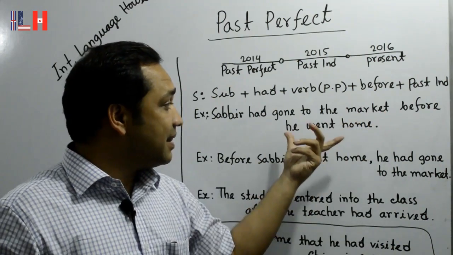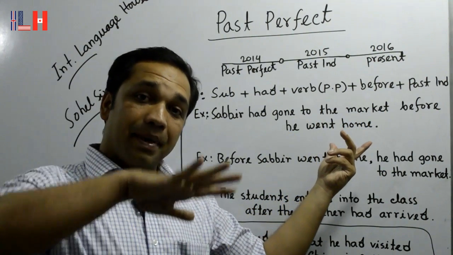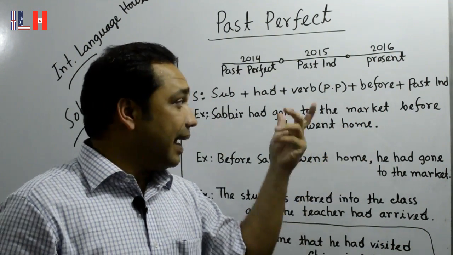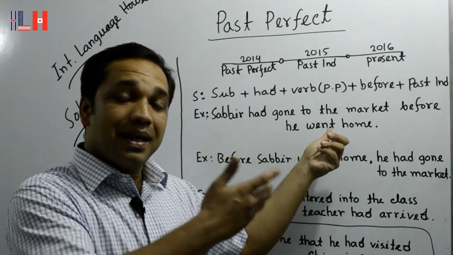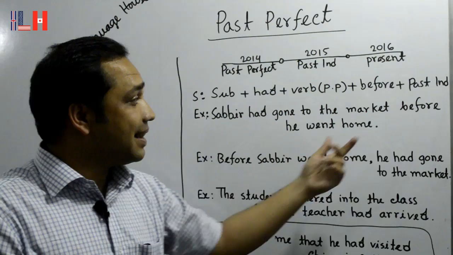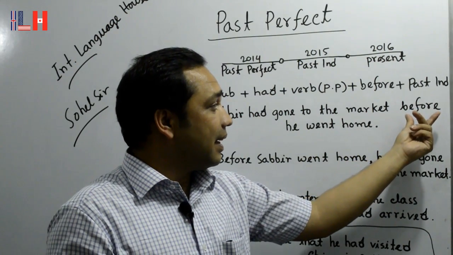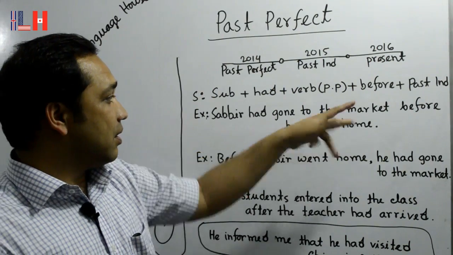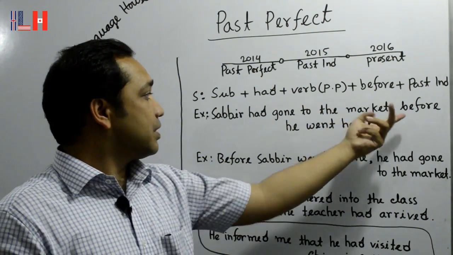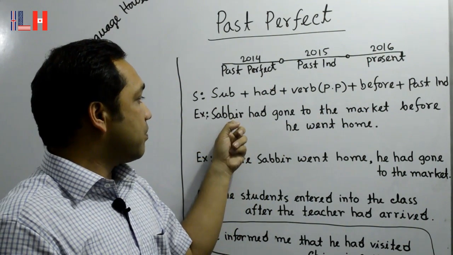So that incident, went home, happened later, and Sabir had gone to the market happened before. So the incident that happened before past indefinite is called past perfect.